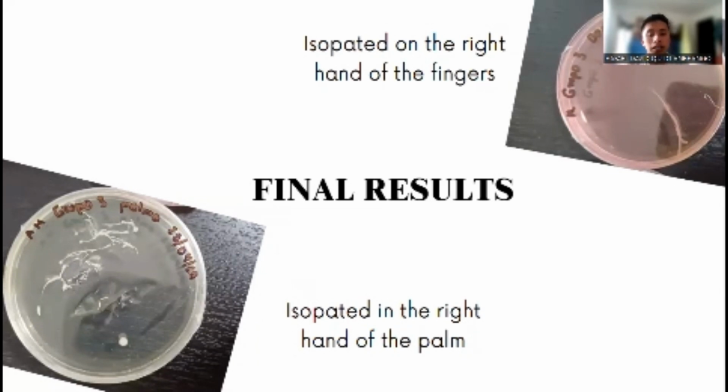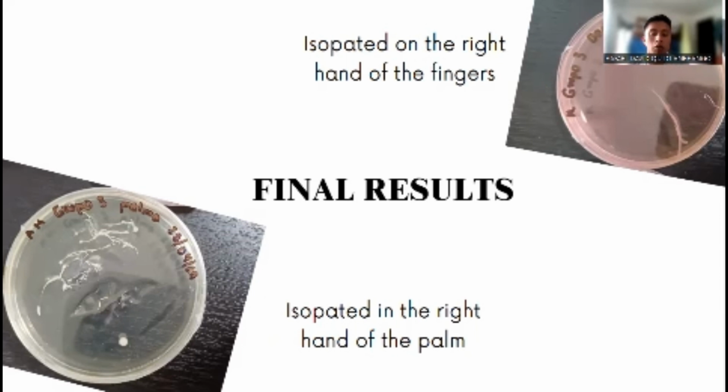For the other hand, the hisopation of the left hand in the palm of the hand was similar to the hisopation of the right hand. The right and left hands were not very contaminated or dirty, which prevented the growth of bacteria.